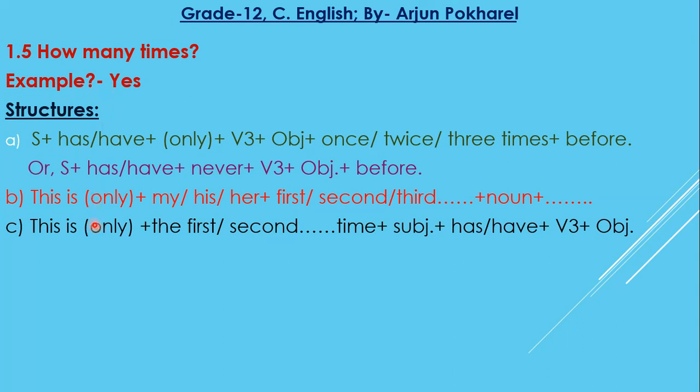If structure A is given, you have to change it into structure B or C. If structure C is given, change it into A or B. If structure B is given, change it into A or C. This is how we will do it, and this is not so important from the examination perspective.